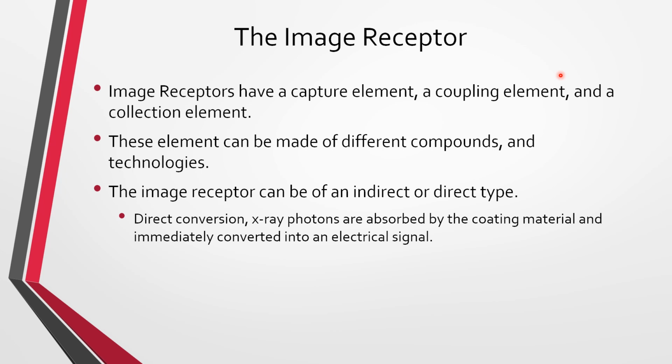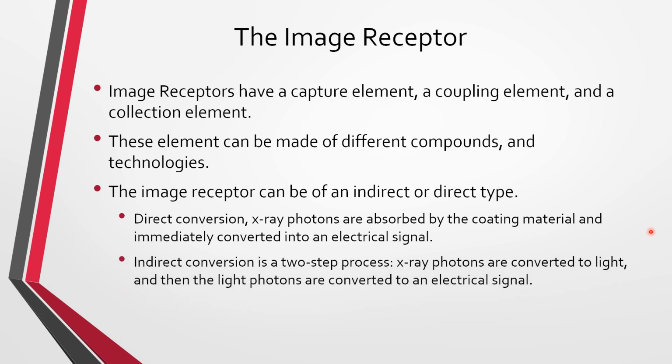Direct conversion is X-ray photons absorbed by the coating material in the capture element and immediately converted into an electrical signal. Indirect conversion is a two-step process. X-ray photons are converted to light, and then the light photons are converted to an electrical signal.